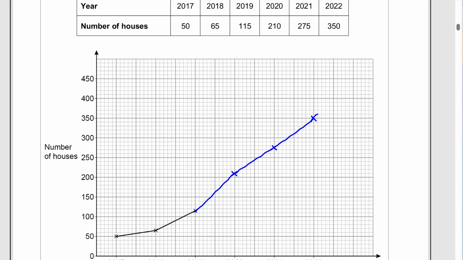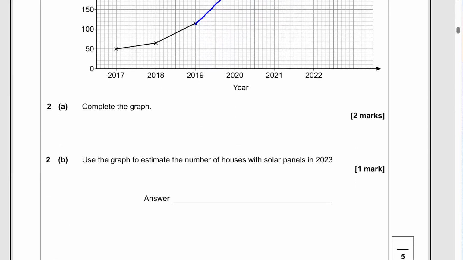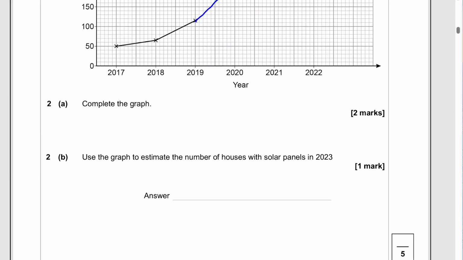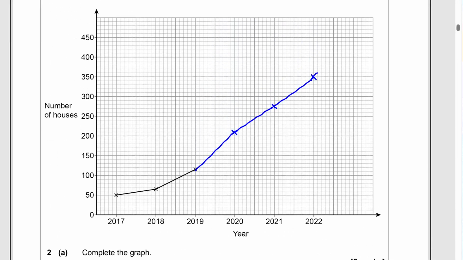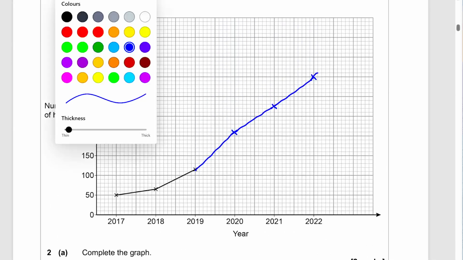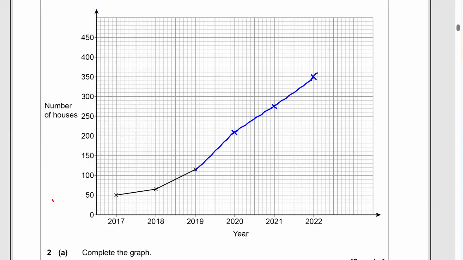I'm going to imagine they're going to ask us to do a prediction now. Use the graph to estimate the number of houses in 2023. I'll change pen color, so we want to carry on with this pattern. So carry on roughly, and there's going to be a range of values acceptable here. Let's just say there.